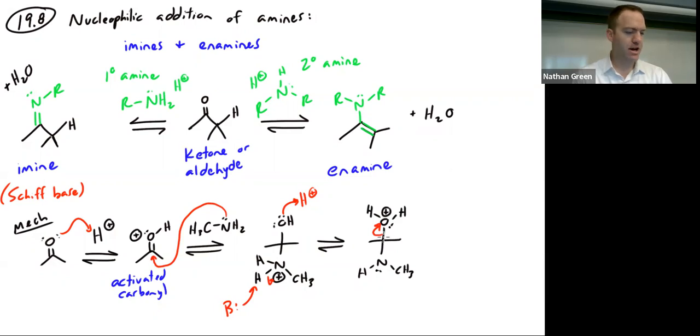Do I have anything that can help out with that carbocation that would form? Lone pair on the nitrogen can get involved. So we're going to push that down to make a carbon-nitrogen double bond, and that will kick off water.